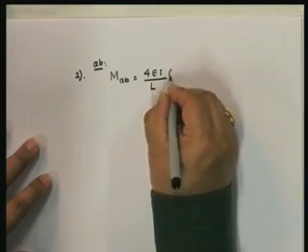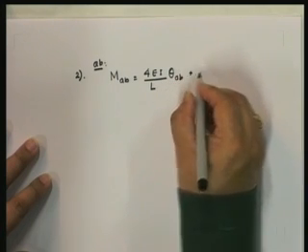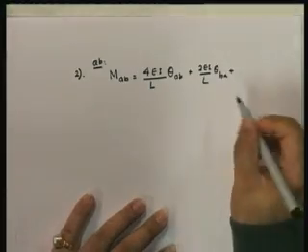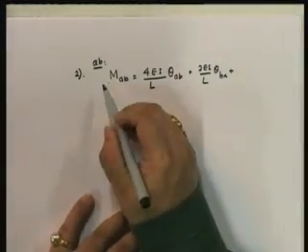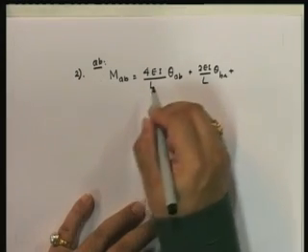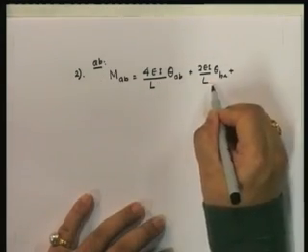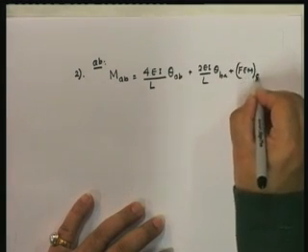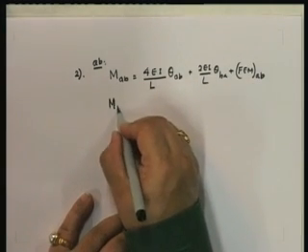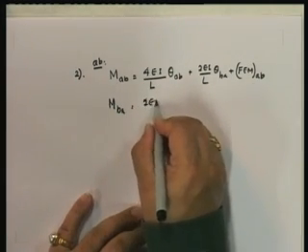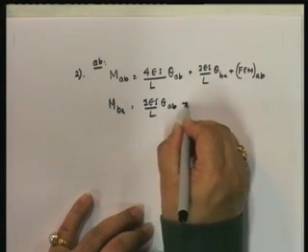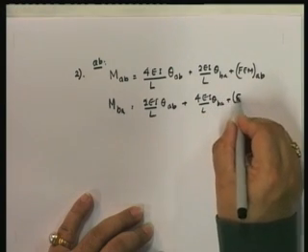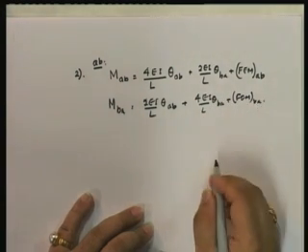We are doing the member deformation relationships, and for AB, MAB is equal to 4EI upon L theta AB plus 2EI upon L theta BA plus fixed end moment AB. Then MBA is equal to 2EI upon L theta AB plus 4EI upon L theta BA plus fixed end moment BA.